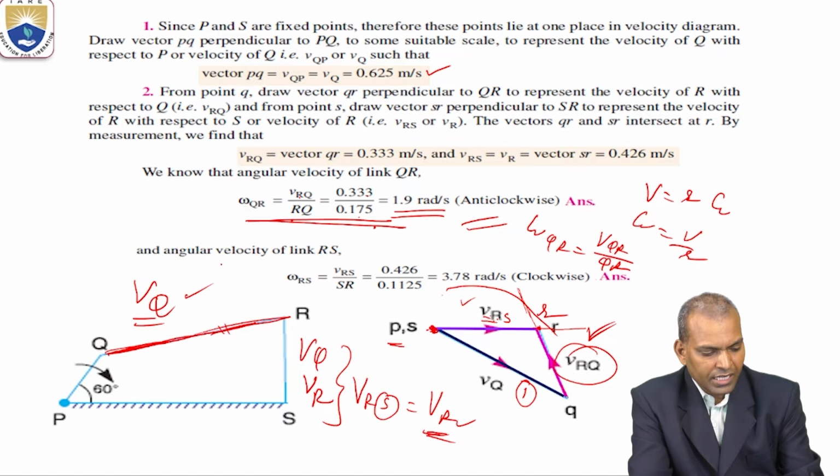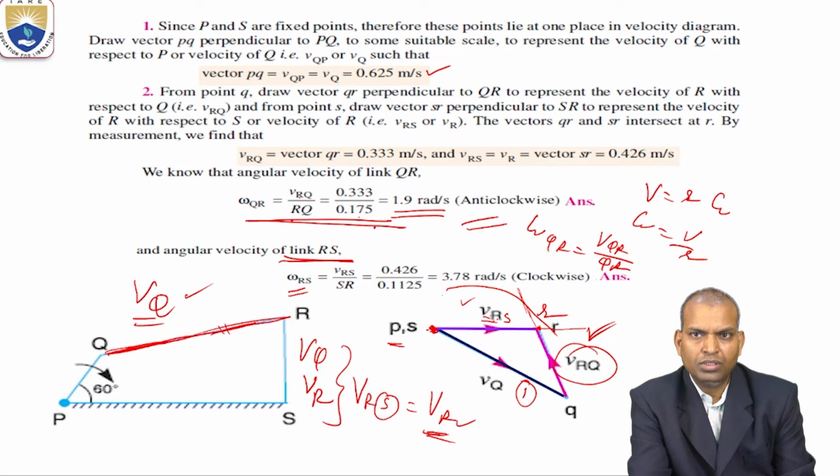Next, we want the angular velocity of the link RS. Angular velocity of the link RS equal to linear velocity of the link RS by length of SR. The vector SR length: that is 0.426 meter per second by the SR link, 0.1125.